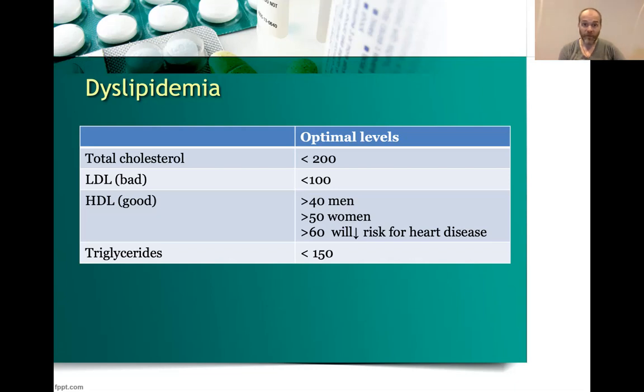And then the good ones for men, we want them to be above 40 at least, and women above 50. So for everybody, we want them to stay around 45 or 50. And the triglycerides, we want them to stay less than 150. If you're higher than those ranges, you probably already got one of those diseases, or you're at very, very high risk.